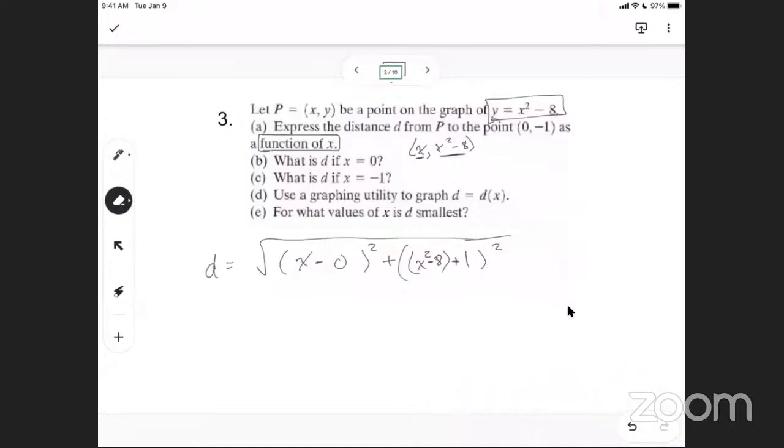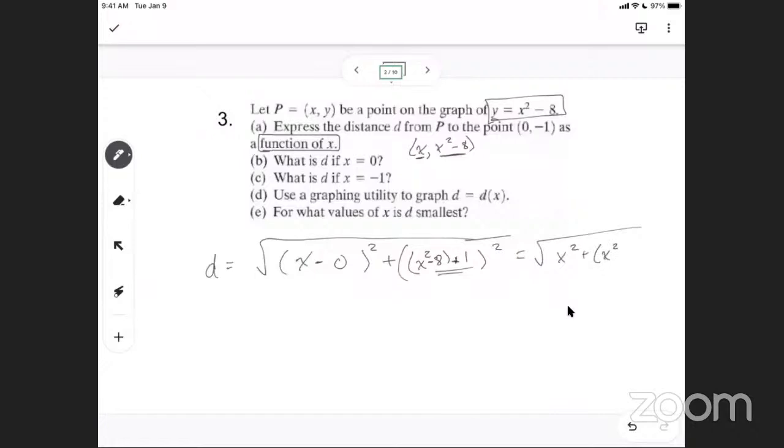So then we would just simplify this so that it would be written as a function of x, and it would be nice and clean. So this is just going to be, whoops, that's going to be -7. So we have, let's see, x squared plus x squared. So is a +1 here?